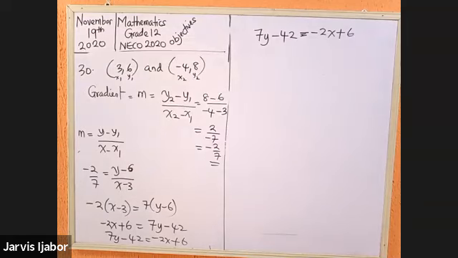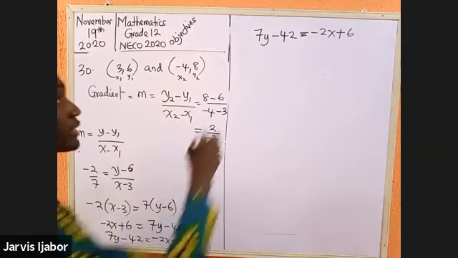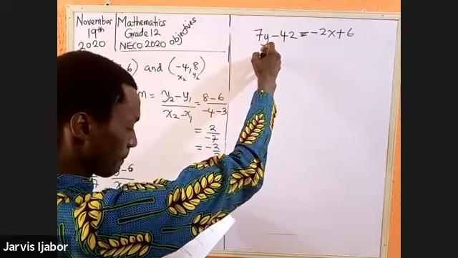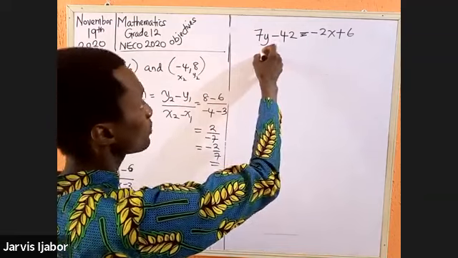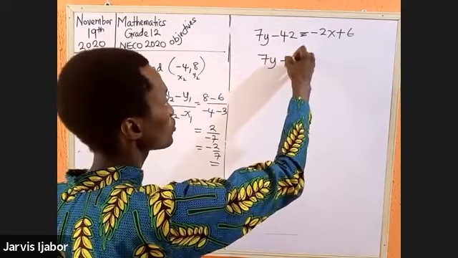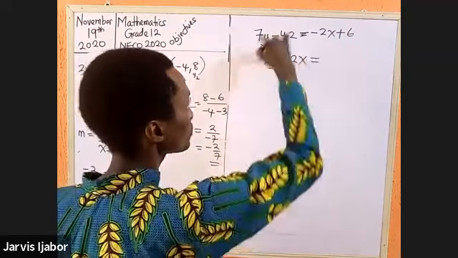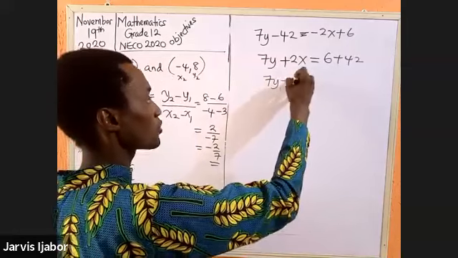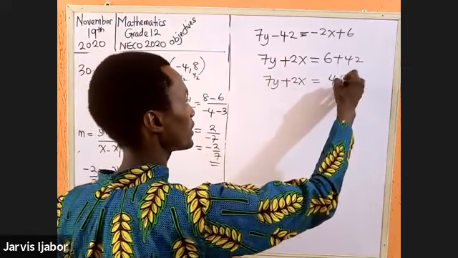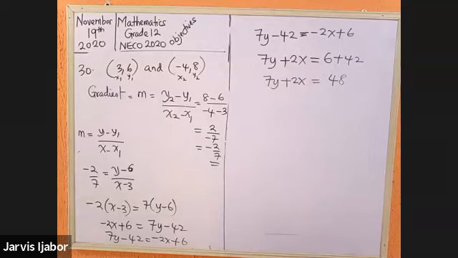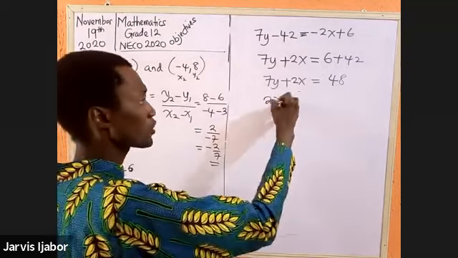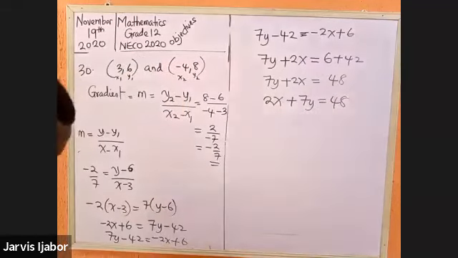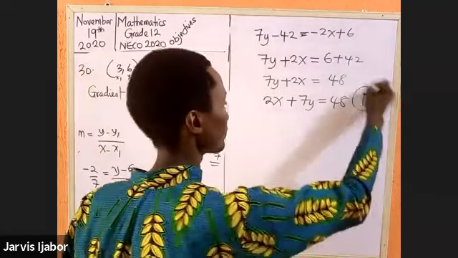Let's see how the equation was set up, which will mean that 7y plus 2x will be equal to 6 plus 42. So that means 7y plus 2x will be equal to 48. Now, we will need to check how the answers are placed here. You discover that your option has this and is correct. So the answer to that question will be D.